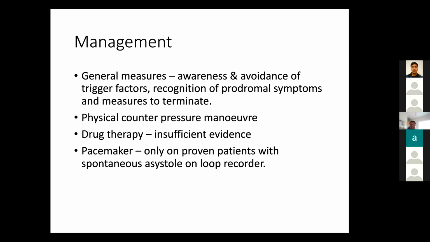Drug therapy has not much evidence, but in patients known to have persistent orthostatic hypotension, there is some evidence that they can be started on mineralocorticoids. A pacemaker is only for patients who are proven to have arrhythmias on loop recorders, or patients known to have any kind of arrhythmias or asystole.